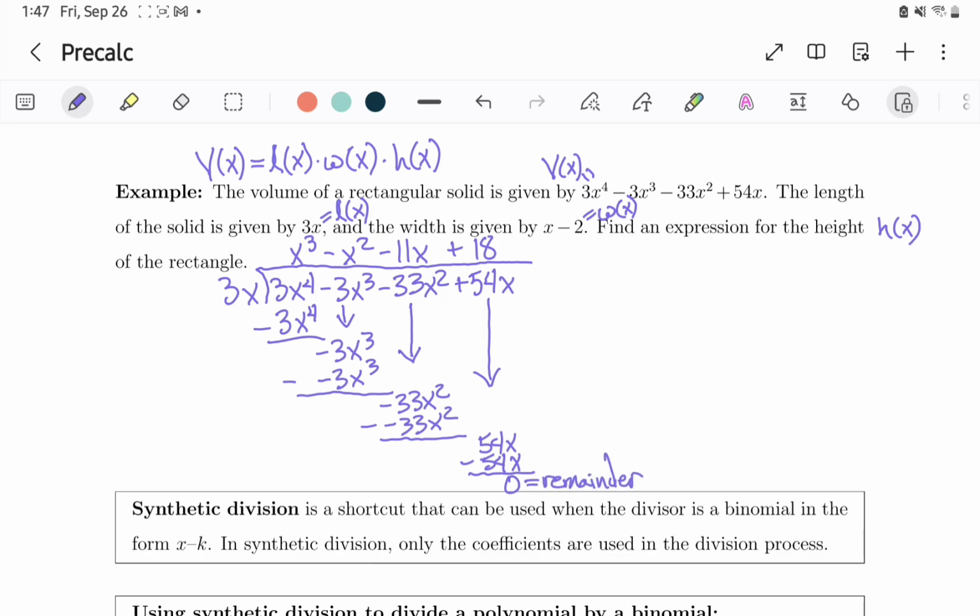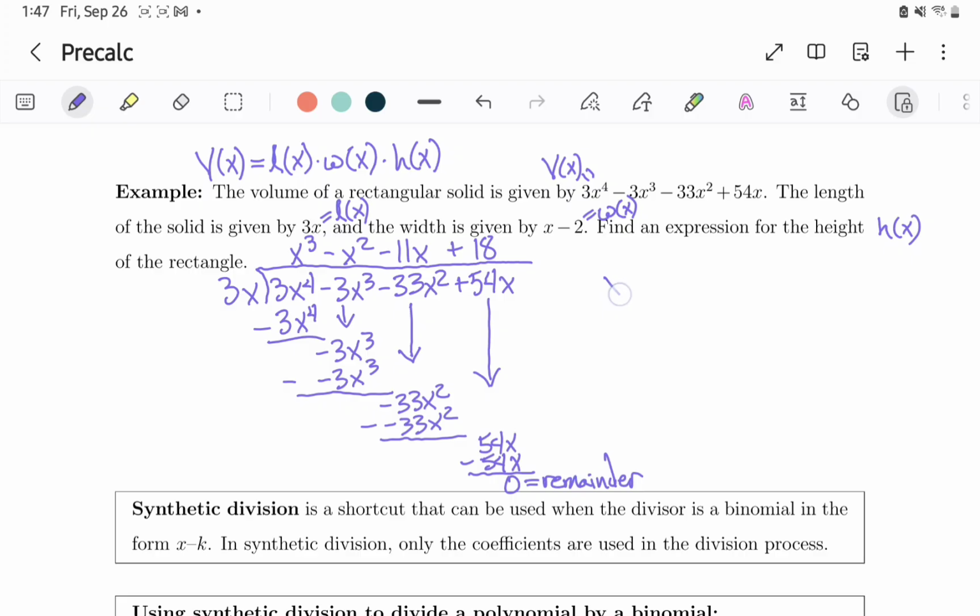Okay. All right, so after we divide v of x by L of x, what we have is x cubed minus x squared minus 11x plus 18. So this is what w of x times h of x is equal to, this current quotient right here. So now all we have to do is divide this by w of x, and all we'll have left is our expression for h of x.